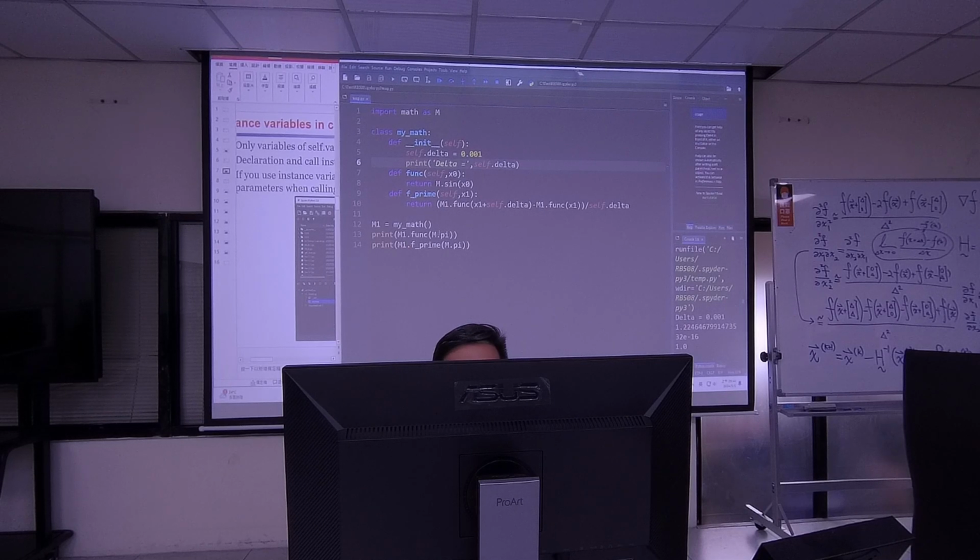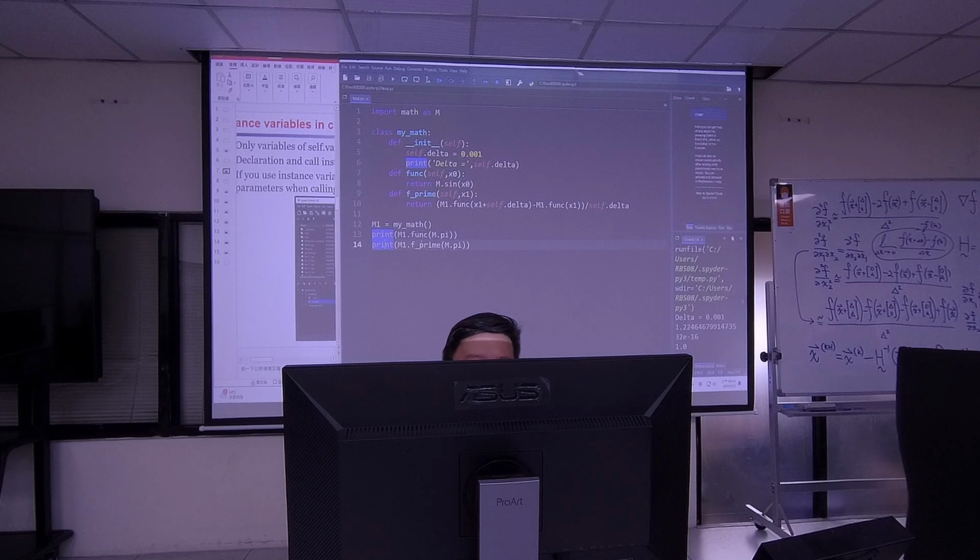I don't want to use 3.14, so I use math, and it helps me get pi. And also inside the function, I use the library inside math, so I can compute sine more easily. So from here, function pi goes into here. So x0 basically equals pi right now. So over here it will compute sine pi. The value will return back to the original line. So the value of sine pi returns back to here. Then I print it out.